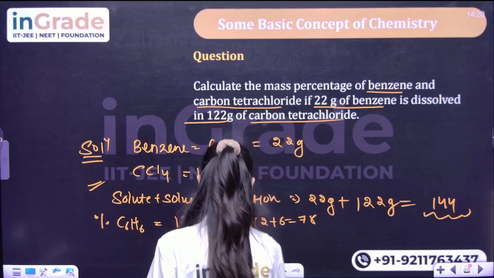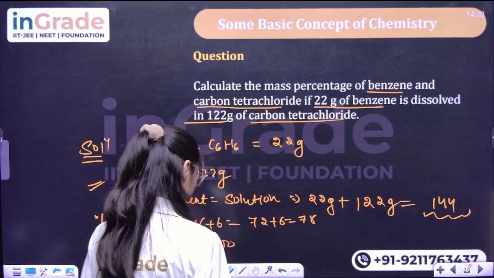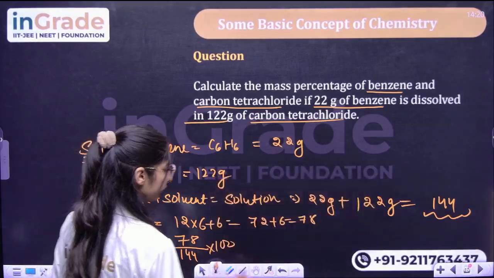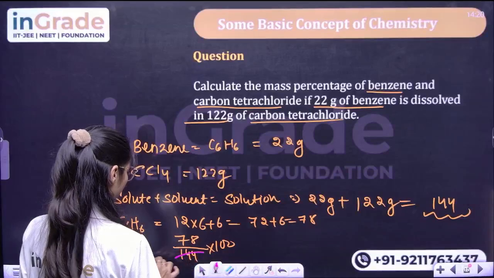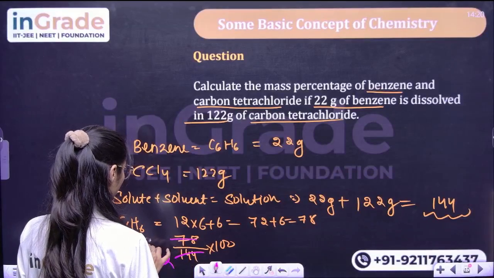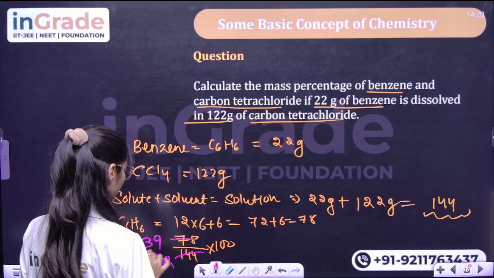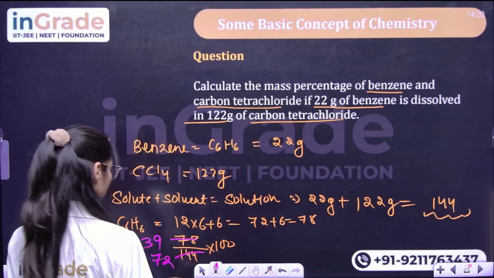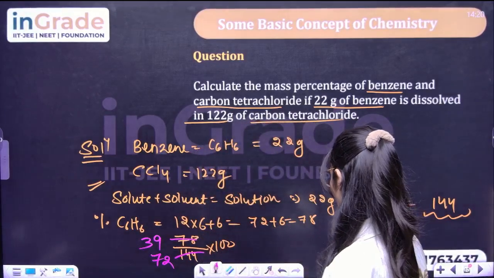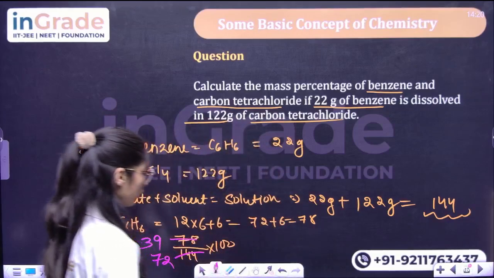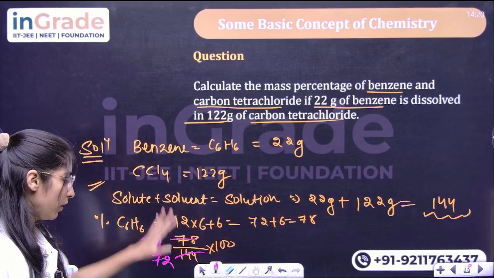Give me a minute. Two sevens are. So I guess this may be easy for you to calculate. So try to solve it on your own.